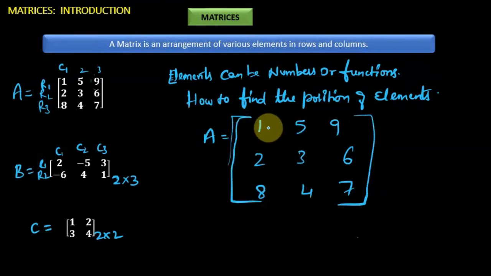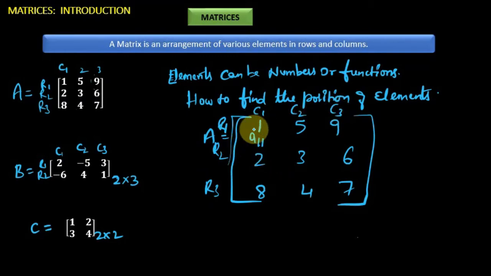Each element has its own address. See, this is my first row, second row, and this is the third row. C1 is the first column, second column, and this is my third column.